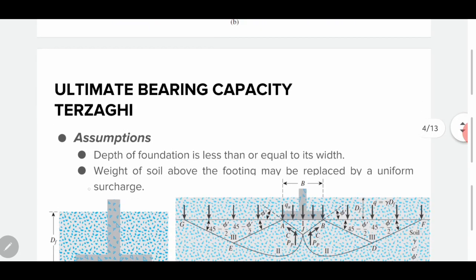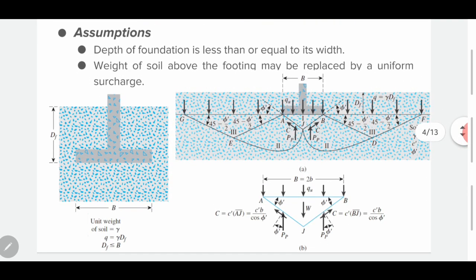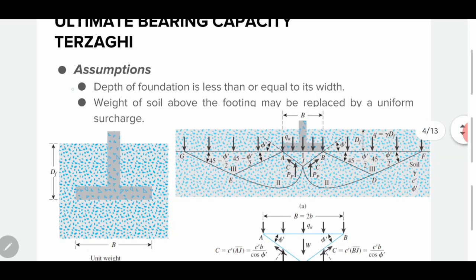Okay. So to compute for the bearing capacity, Terzaghi, the father of soil mechanics, derived a formula to approximate it. But of course he considered the following assumptions. So the depth of foundation is less than or equal to its width.